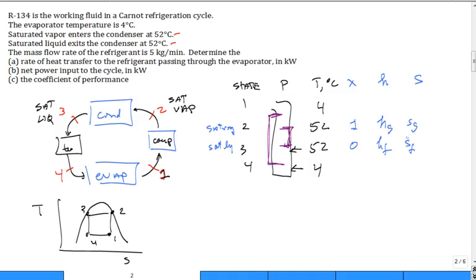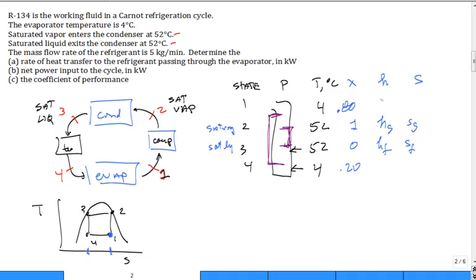Now, can you tell here that state 1 is going to have a relatively higher quality than state 4? Just looking at it, I would expect maybe 80% at state 1. How about the quality at state 4? Maybe 20%.